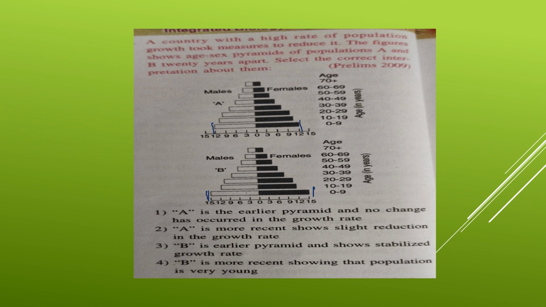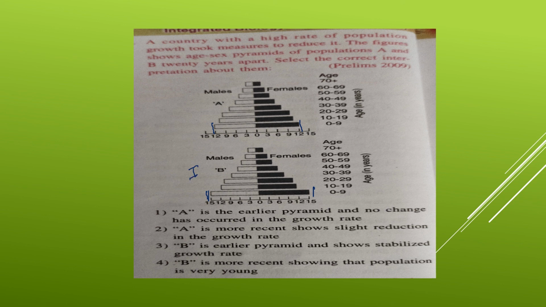So the question they have asked is, a country with a high rate of population growth took measures to reduce it. The figures show age pyramids of the population A and B 20 years apart. Select the correct interpretation about them. So let us think that B is the initial population.